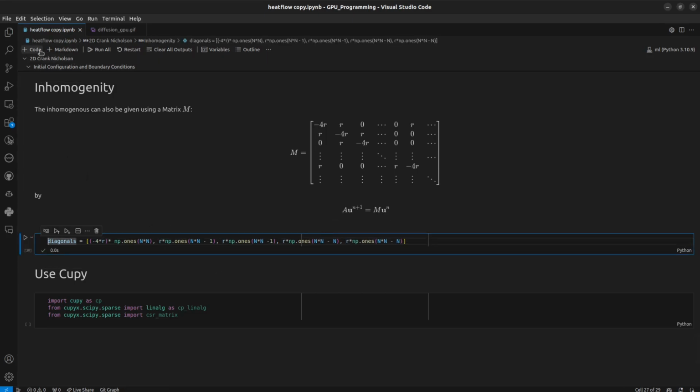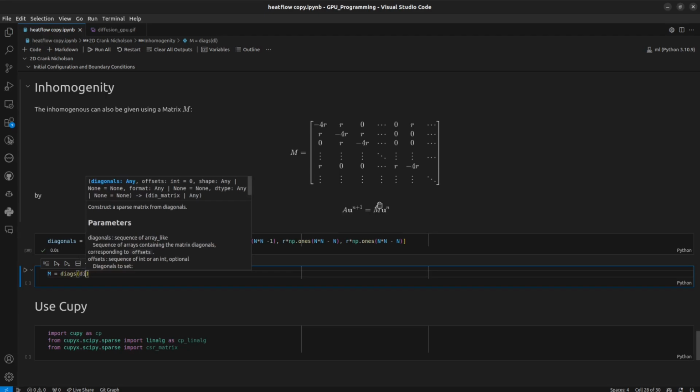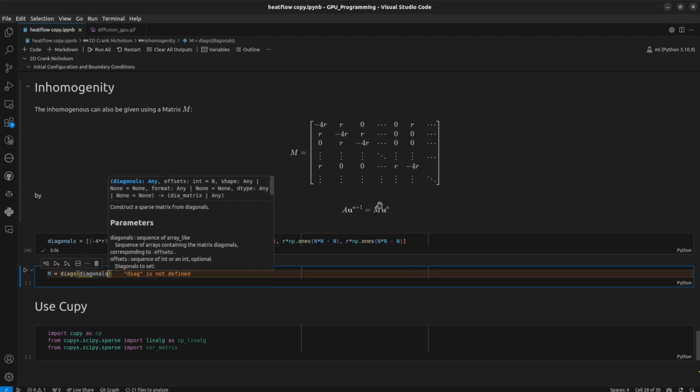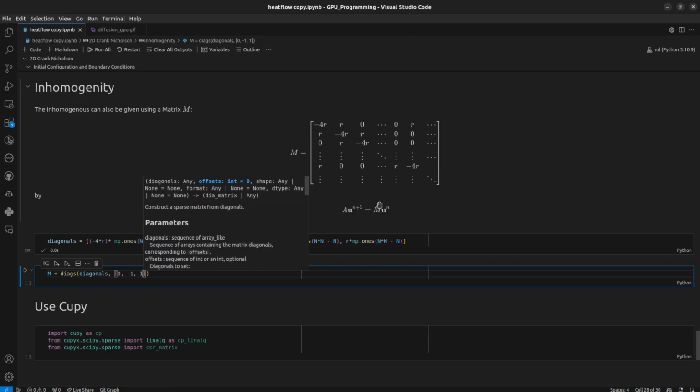And again, we build our sparse matrix with the offsets 0, negative n, 1, negative 1, and n.